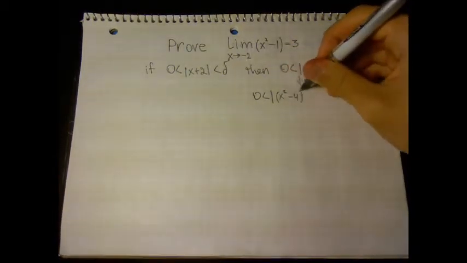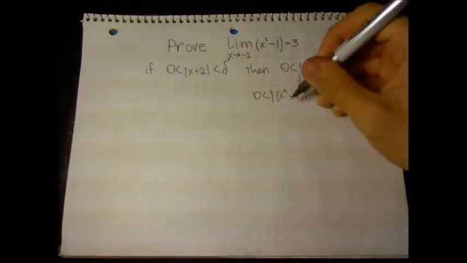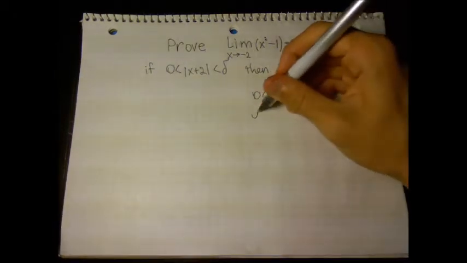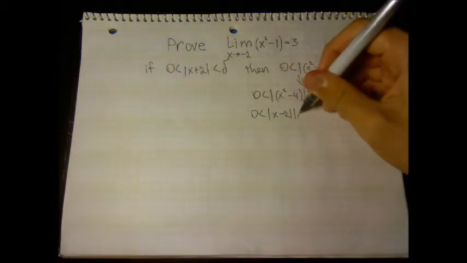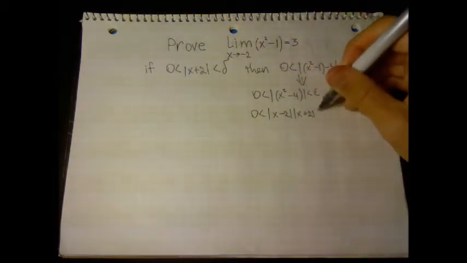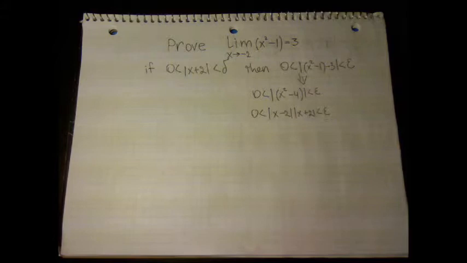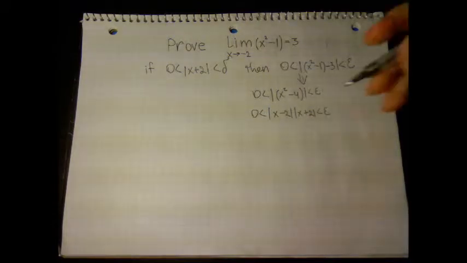As you can see, it eventually becomes a difference of squares, which is a very familiar pattern. So definitely you can express it as the absolute value of x minus 2 multiplied by x plus 2. Strategically, this gives us a benefit because x plus 2 is already present in the first inequality.